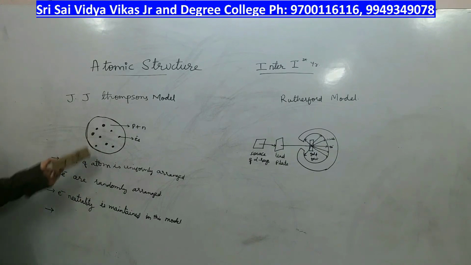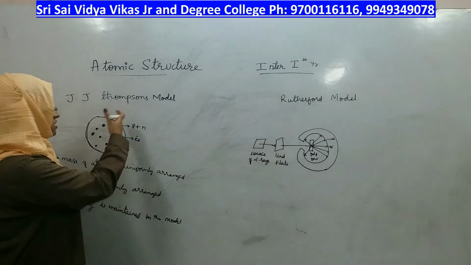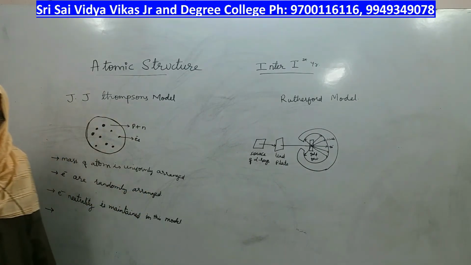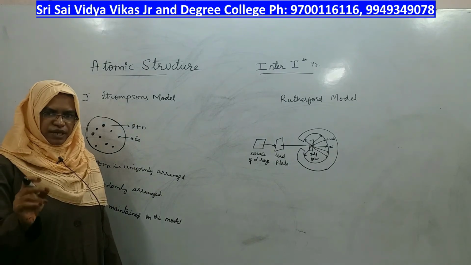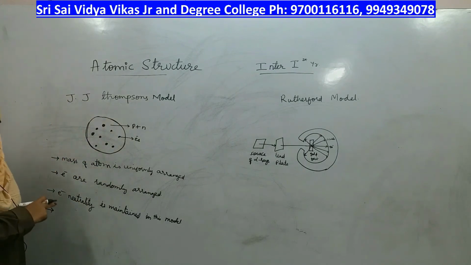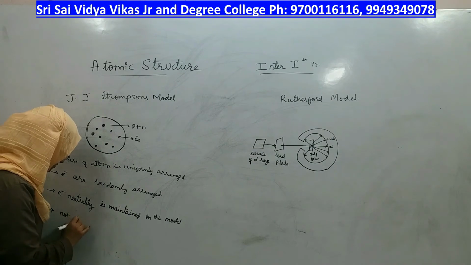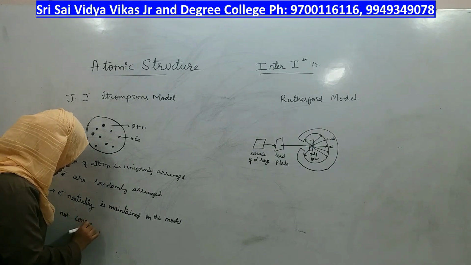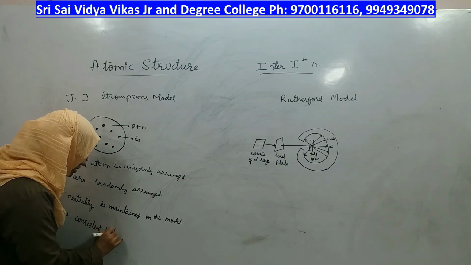whatever results he gave were not in line with the experiments. After J.J. Thomson, many models and theories were proposed to explain the atomic arrangement, which were not going in line with J.J. Thomson. Not consistent with later experiments.